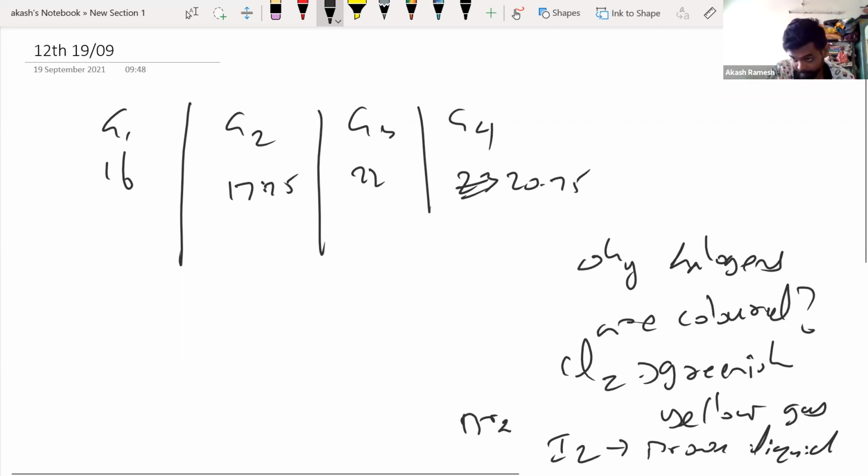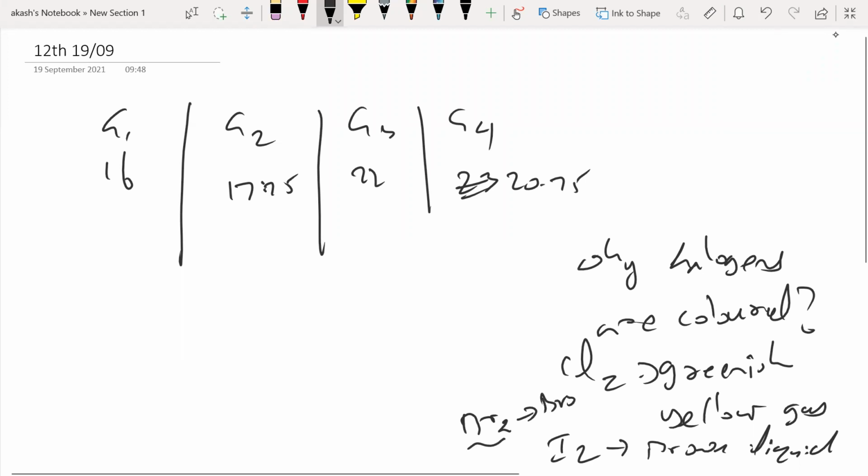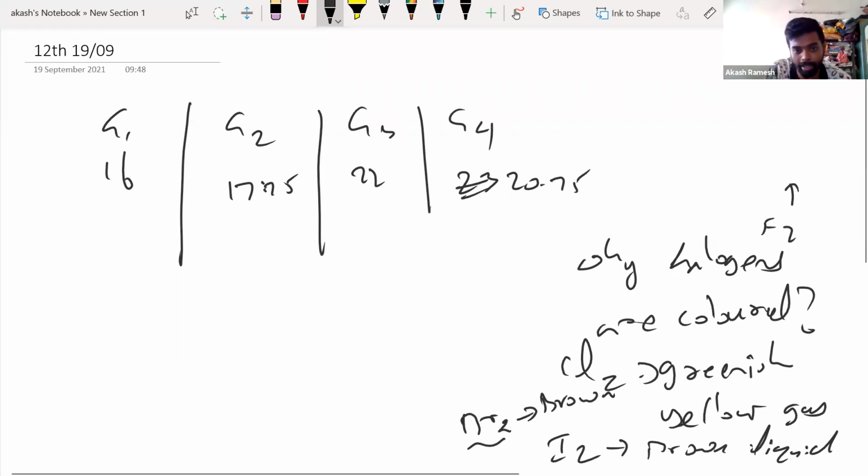Anybody knows Br2's color? Bromine is brown. Okay, this is also brown. F2 doesn't have color, or in some form it can, but you don't have to worry about it. All these are colored. Why halogens are colored is the question.